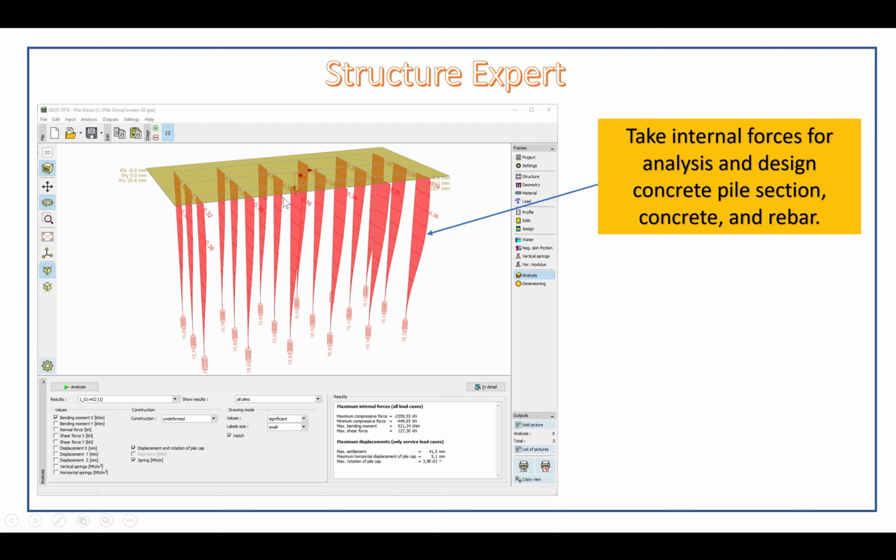You do not calculate group reinforcement. You calculate single reinforcement for a single pile, and we apply it to the other piles, it's the same. We got the result from the analysis, and we will take the result to calculate the rebar.